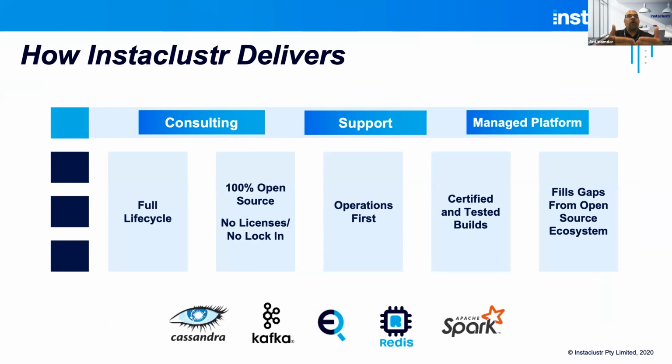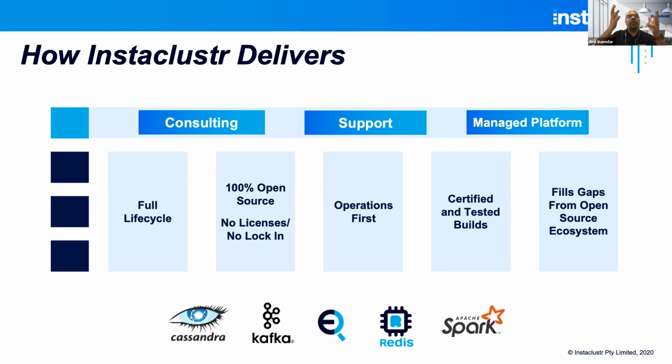And what services do we offer? Those are at the top of the slide. We offer consulting, we offer support, and we offer a managed platform. So if you have a Cassandra cluster and you want to ensure that it is supported, if there's a problem, if there's a bug and you need a patch, we can support that for you.